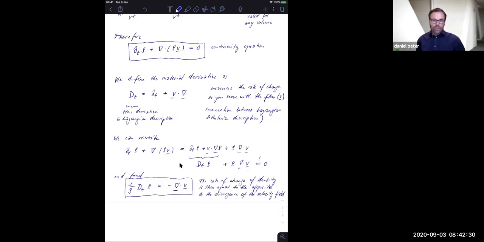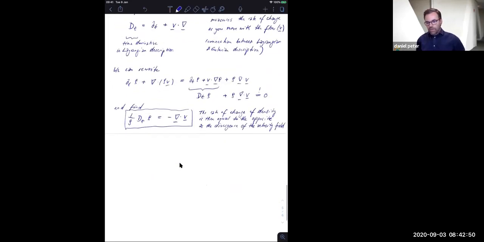Again, it's a bit of a strange way of writing it. But the point here is that the material derivative of density, the conservation of density, depends on the divergence of the velocity field we're in. If we have a fluid and a flow v which is incompressible, incompressible means that the divergence of v is zero.